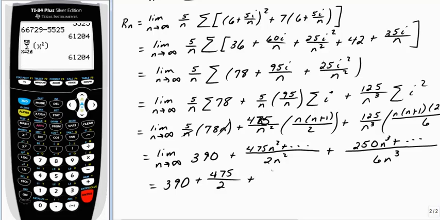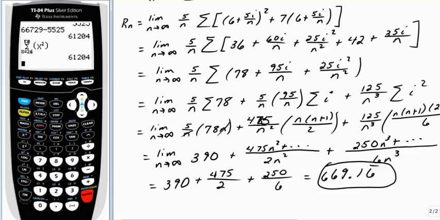Of course, that would reduce down to at least 125 over 3. I'll leave it 250 over 6 here. Now, when we add these three together, we'll get 669.16 repeating, or 1/6. I'll just say 1/6 repeating for our final gorgeous answer.